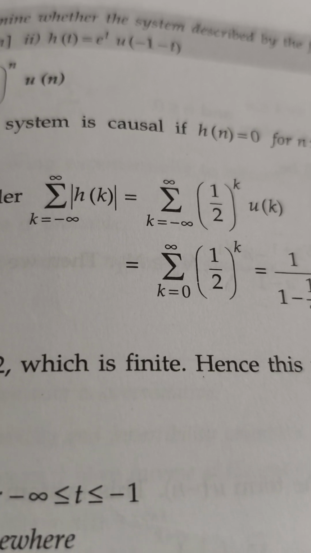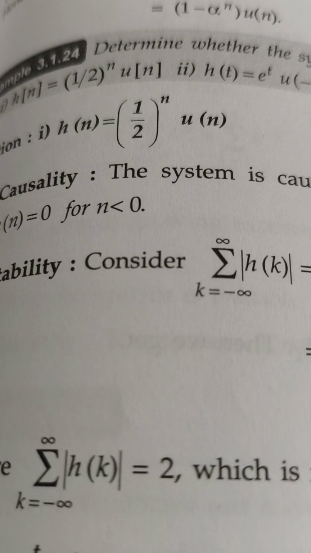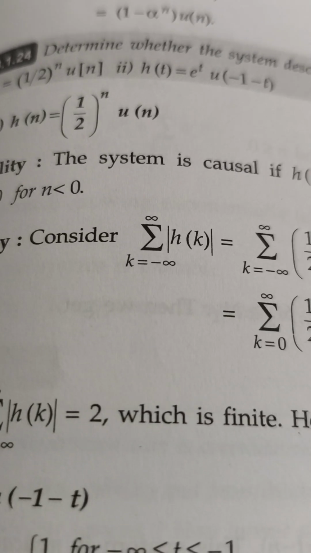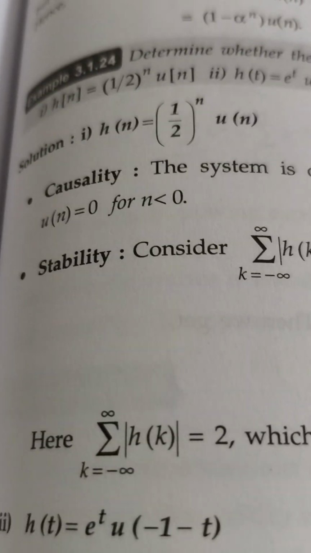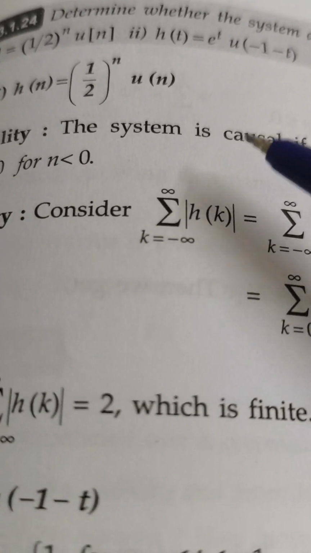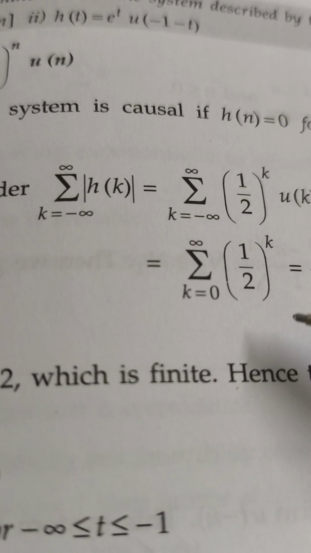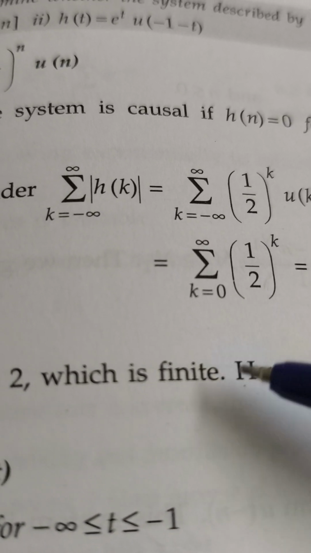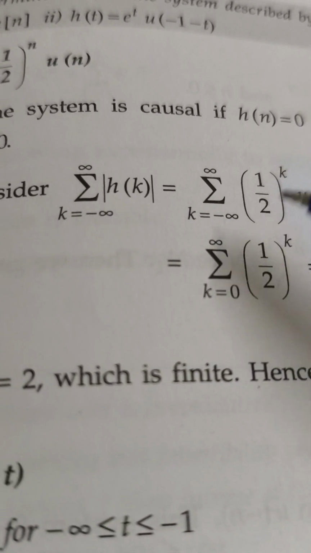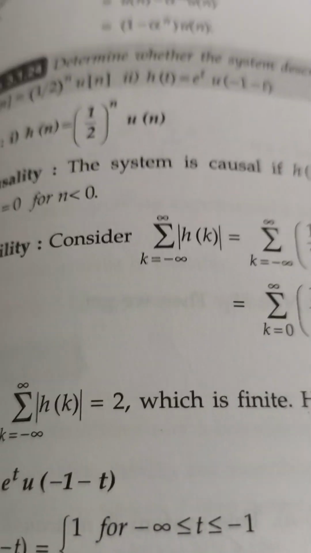We change the limits of summation. Why? Because this exists only when n is greater than or equal to 0. When n is less than 0, since u of n is there, this is applicable only for k equal to 0 to infinity. For negative values, the system will not give a result.